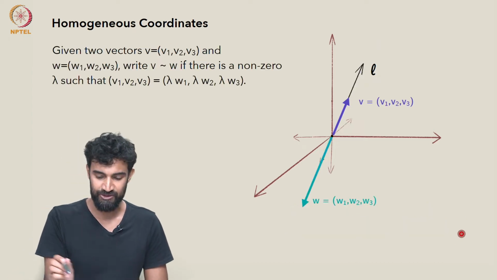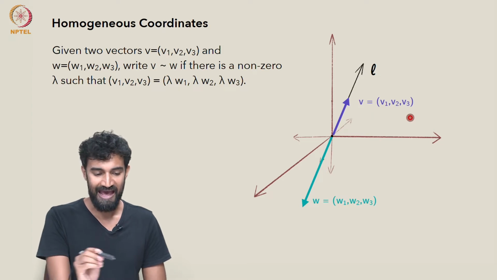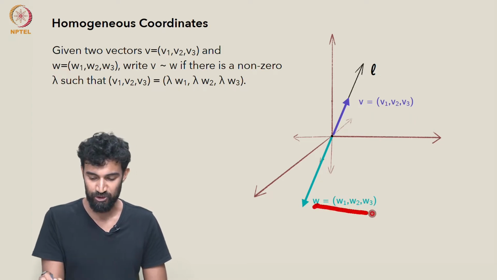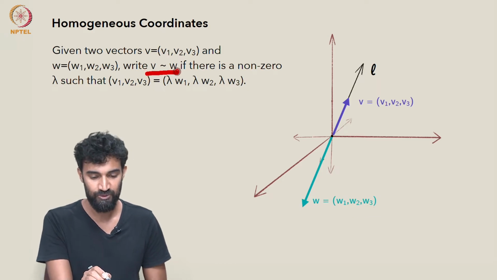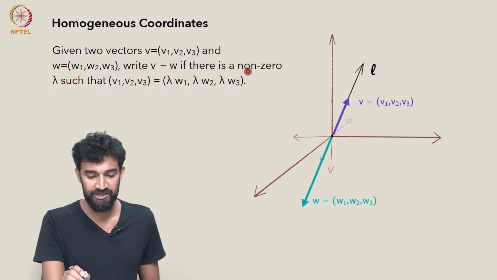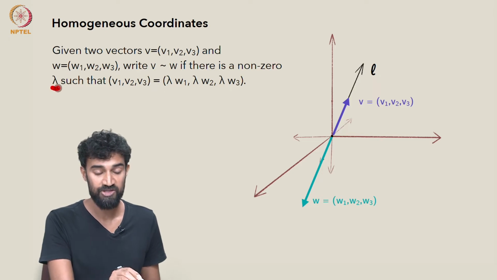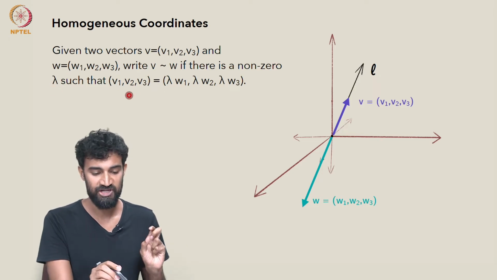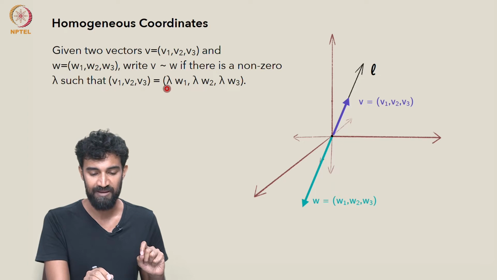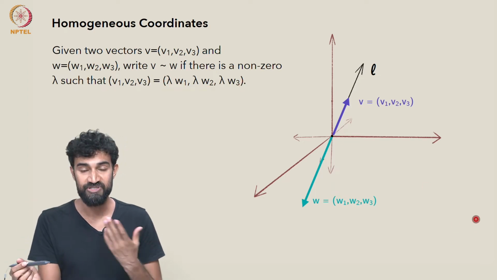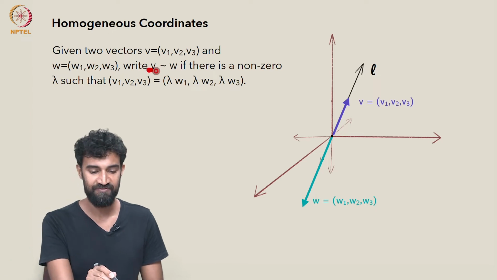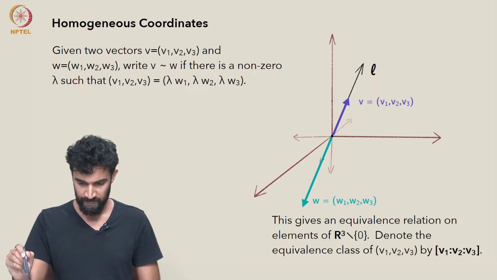So given two vectors, v, which is equal to (v1, v2, v3), and w, which is (w1, w2, w3), let's write v ~ w if there's a non-zero scalar lambda such that v is equal to lambda times w. So if they're related through scalar multiplication, we write v ~ w.